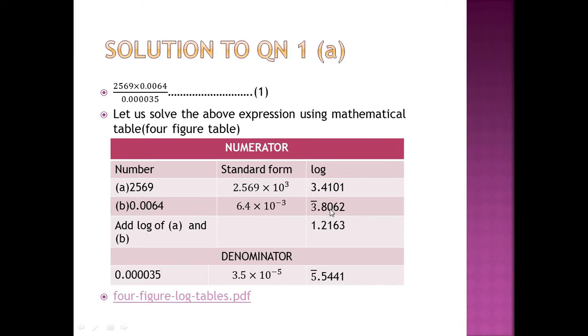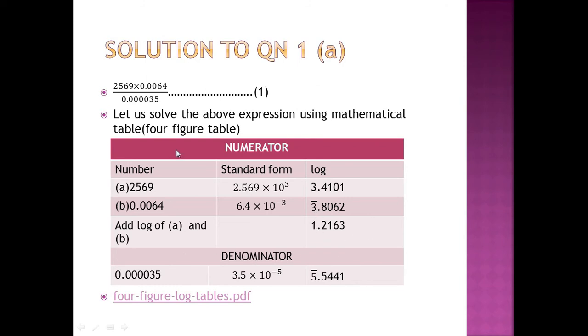Then we add these two values obtained in a and b. We add as normal: 1 plus 2, 0 plus 6, and then 1 plus 0, and then we have this value.